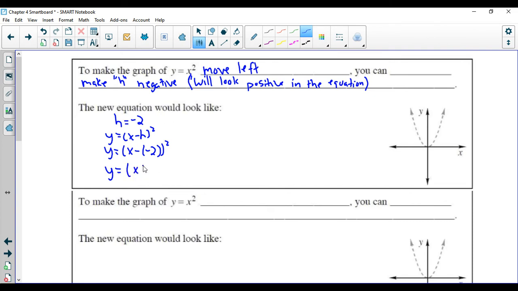So it would be x plus 2 quantity squared. That would be our equation. So again, the actual h value is negative 2, which makes sense, but it's going to look positive in the equation, which is a little bit confusing part. So this would be the same parabola, just everything moved left 2.